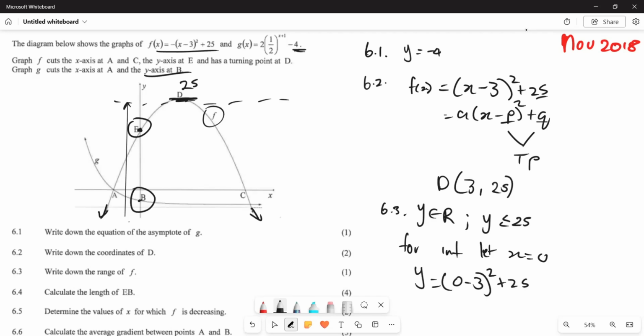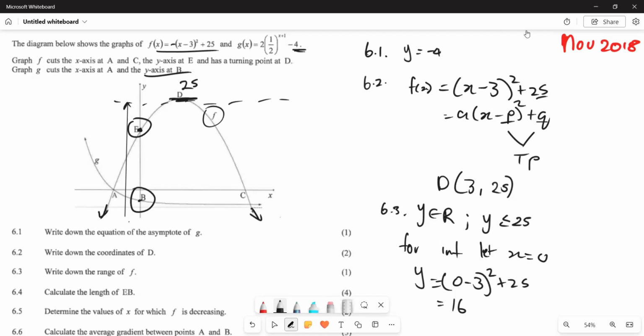Remember, it's negative outside here, so your y-intercept is going to be the same as 16. That is going to be the first y-intercept.